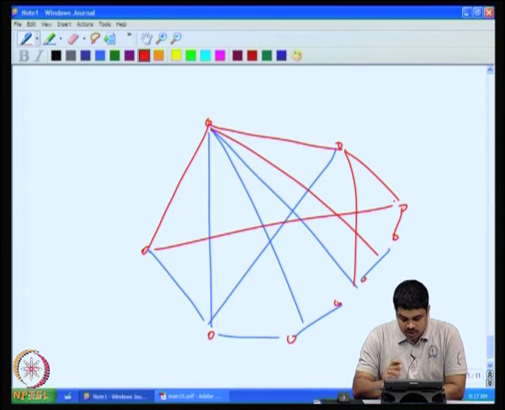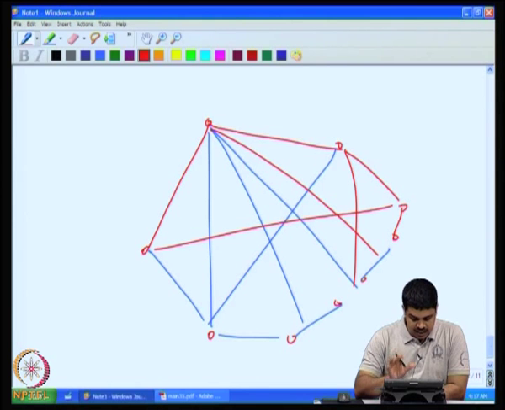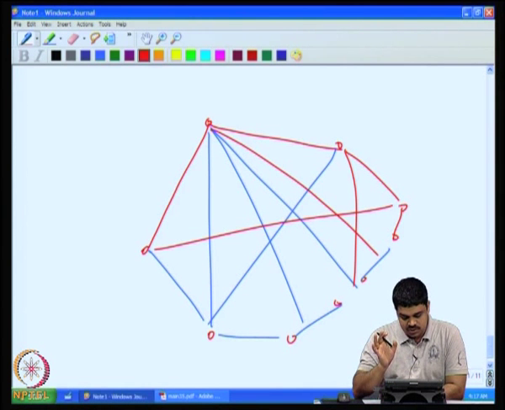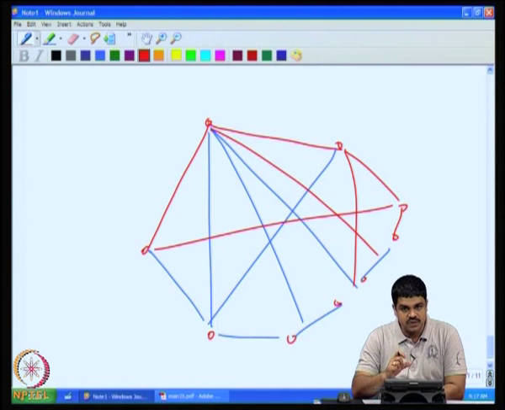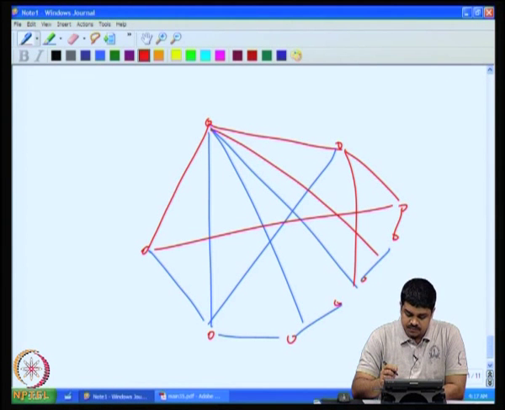So, we can think of it in 2 different ways: either it is a graph where some edges are not present, or a complete graph colored with 2 colors, red and blue. Whenever there is an edge we have the red color, and if there is no edge there is a blue color.